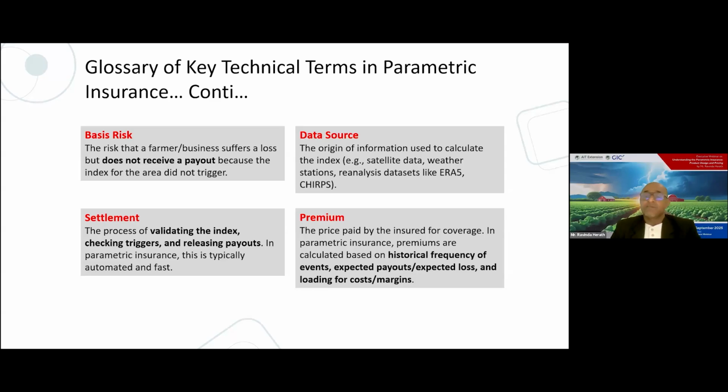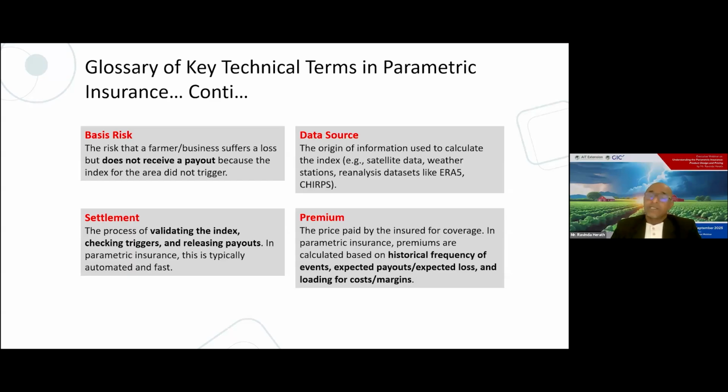Premium, of course, is defined based on historical events and historical frequencies, and the expected payout or expected losses are calculated, and based on that we can decide the risk premium.